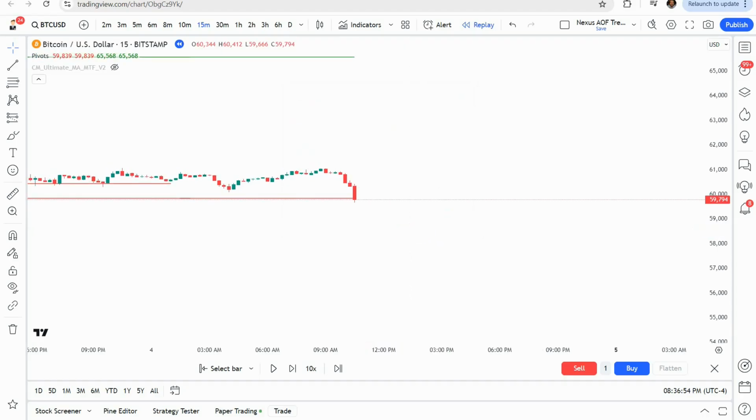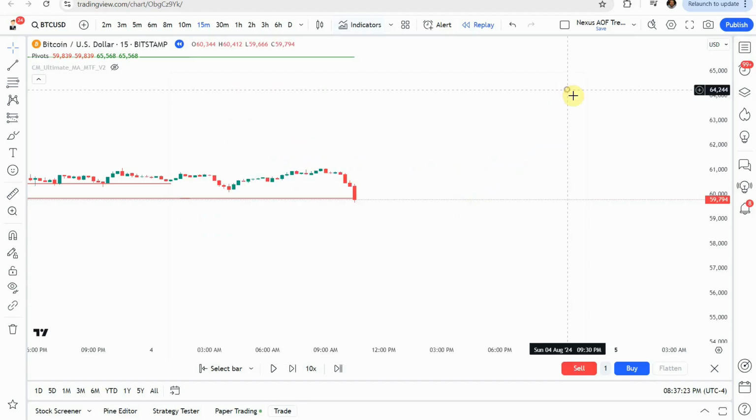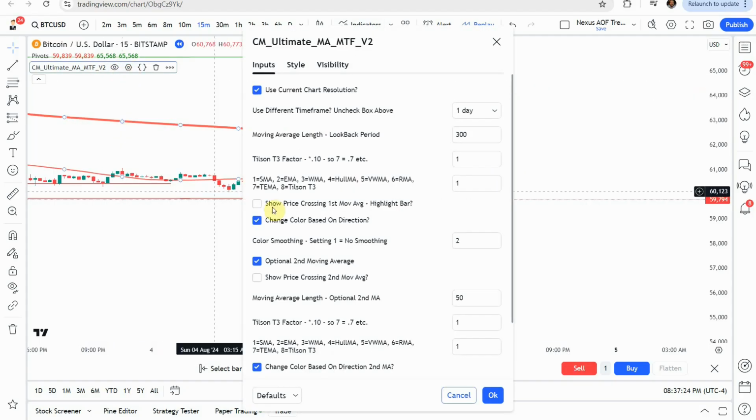And then the next indicator we will add to the screen, the CM Ultimate MAMTFV2. Quite a mouthful. It's going to be this one right here. Go ahead and click on that and add it to the screen. And again, we'll jump into the settings of this one as well. And so what we're going to do is change the moving average length right here to 300.